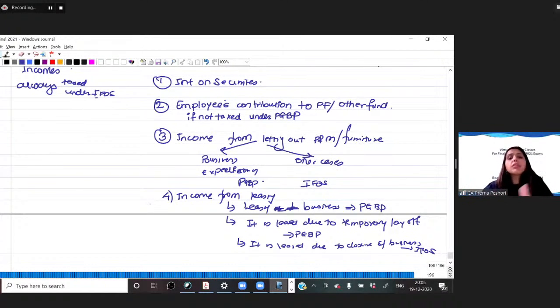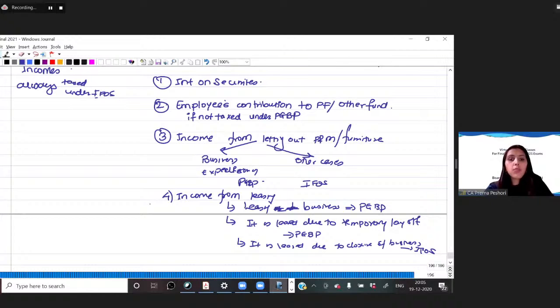However, if it is due to closure of the business that I am leasing it out, then it will be considered as income from other sources. Clear? Clear?